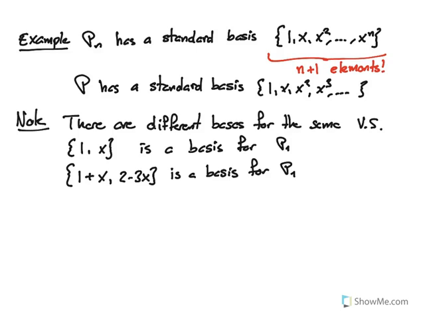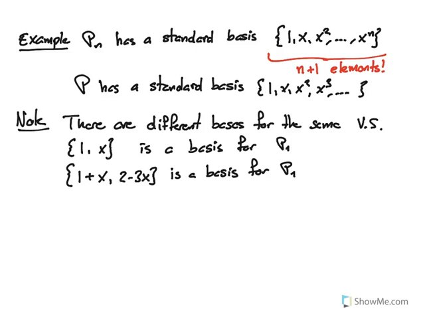For polynomials, I'm sure you can guess what the standard basis is. Pn has the standard basis consisting of all the monomials: 1, x, x squared, x cubed, all the way up to xn. Notice that it has n plus 1 elements. We haven't defined dimension before, but you can intuitively probably sense what it means.